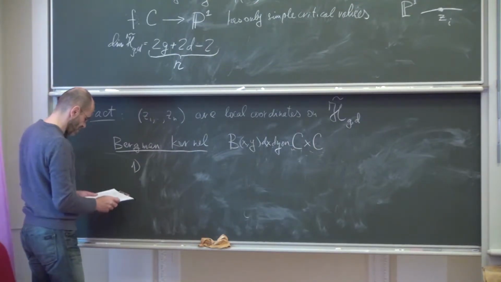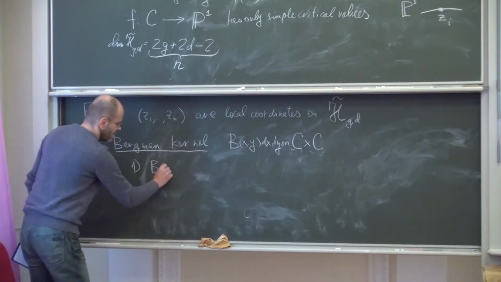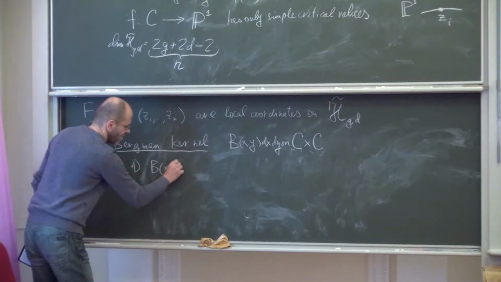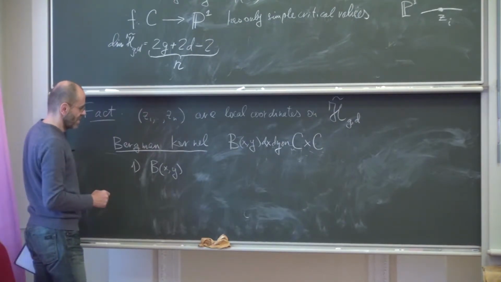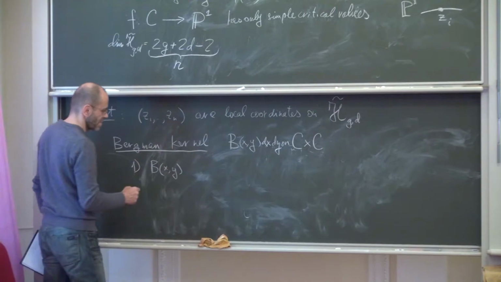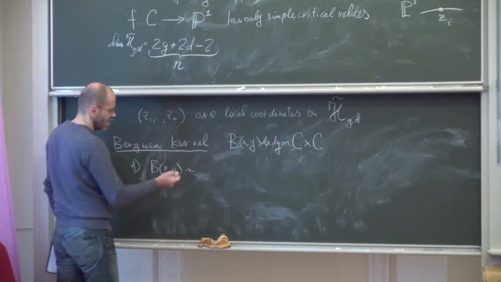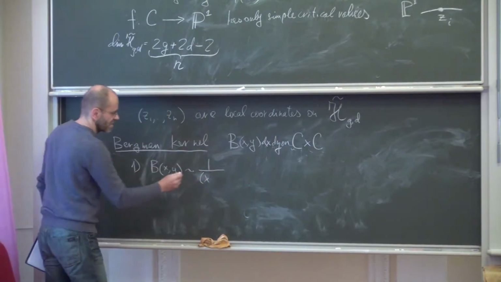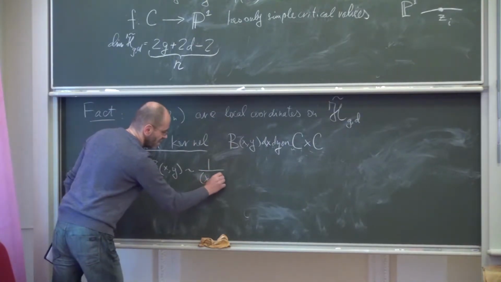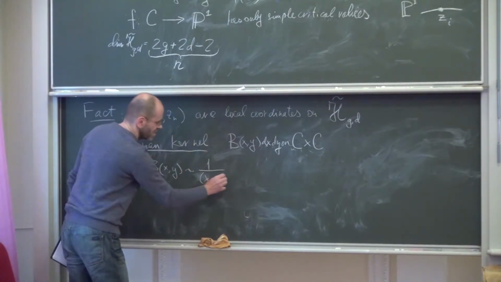The first property is that it's a differential of the second kind with respect to each of these two variables with biresidue 1. So when x is close to y, it behaves like 1 over (x minus y) squared.